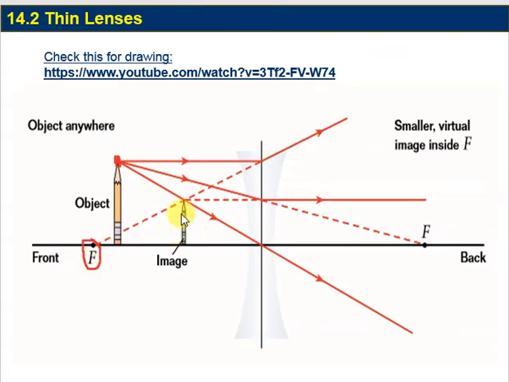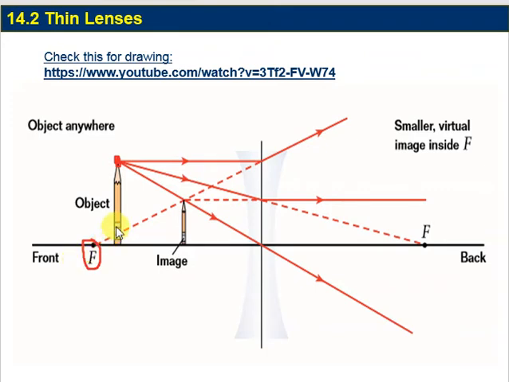Because we learned from the first case that any ray that is parallel to the principal axis will leave the lens as if it's coming from the focal point.